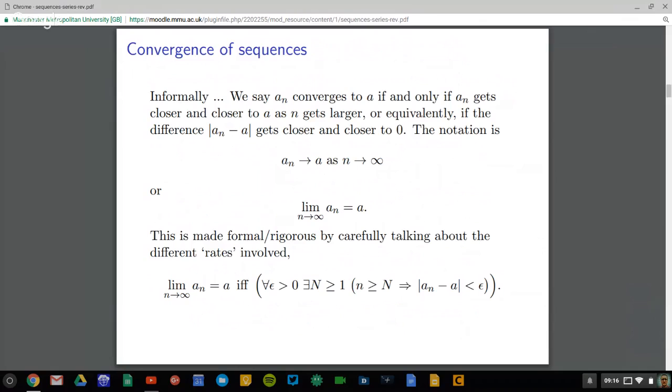This absolute value of a_n minus A is the distance between the sequence element a_n and the claimed limit A. The absolute value of the difference of two numbers is the distance along the number line between the two numbers.